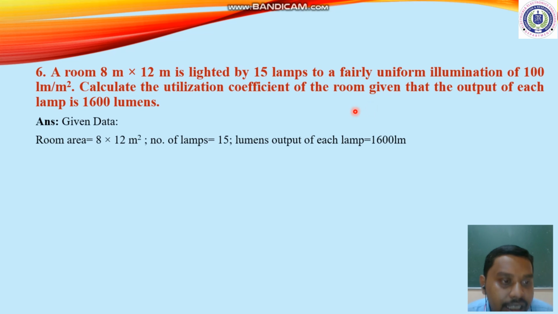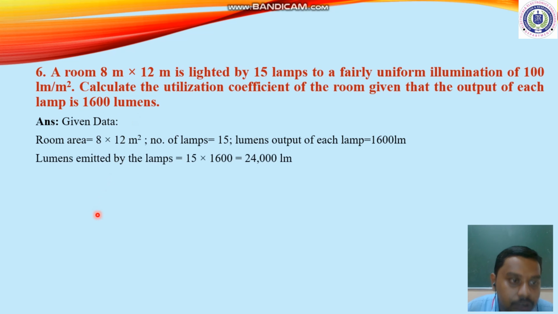So our given data: the room area is 8 by 12 meters square, the number of lamps is 15, and the lumen output of each lamp is 1600 lumens.